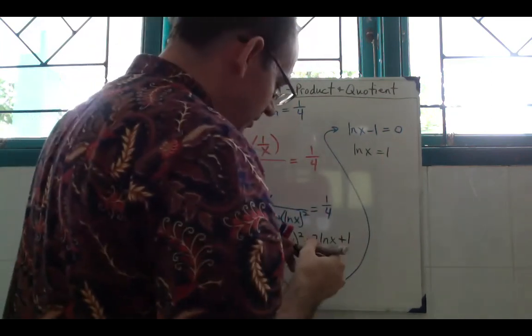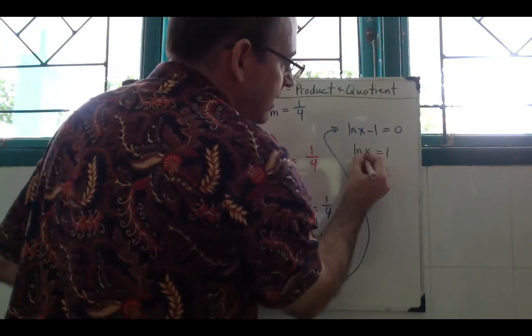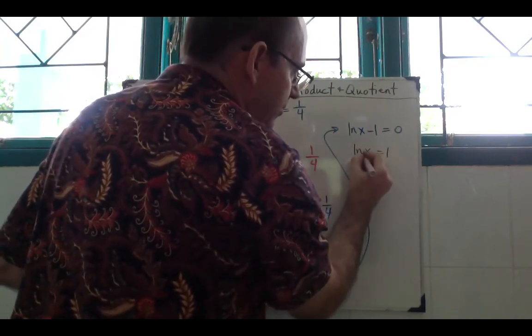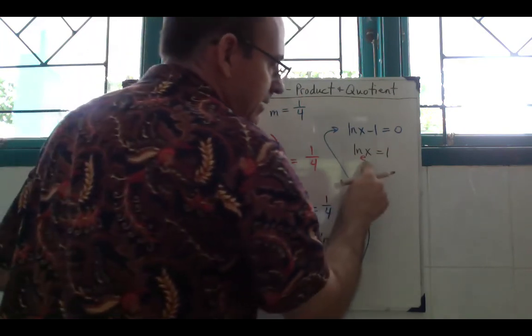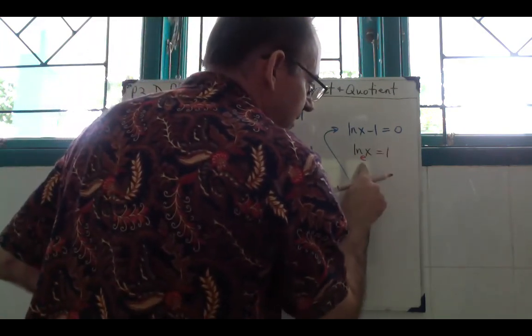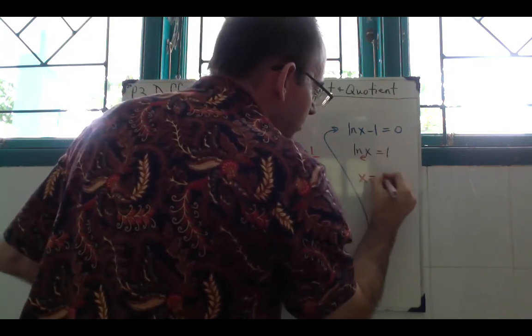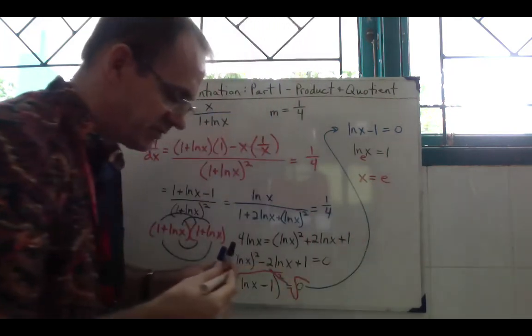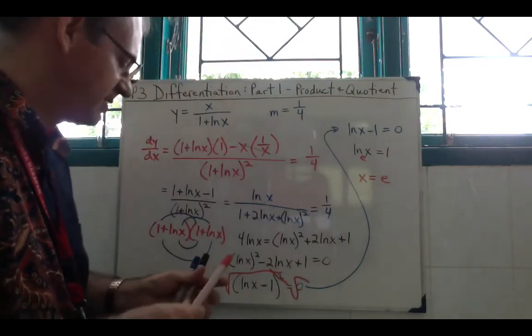You can do this on your calculator, but hopefully you remember that the base in your logarithm here, this ln, is base e. And so basically e to the power equals the argument. So x equals e to the 1, which is the same thing as just e. So that's our value of x.